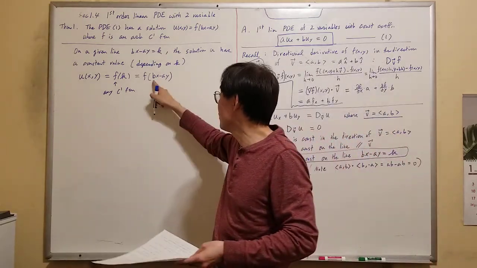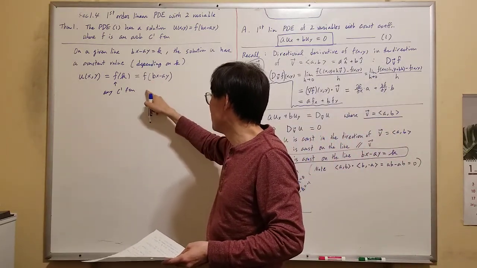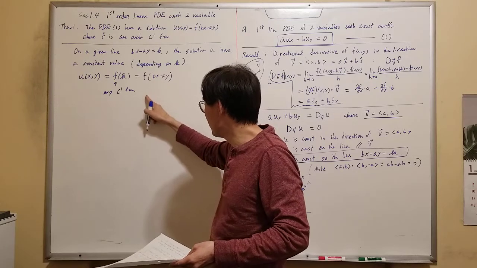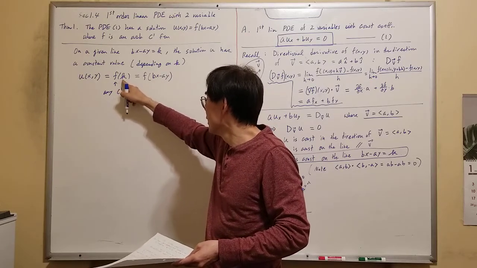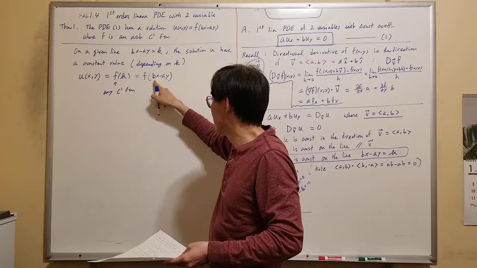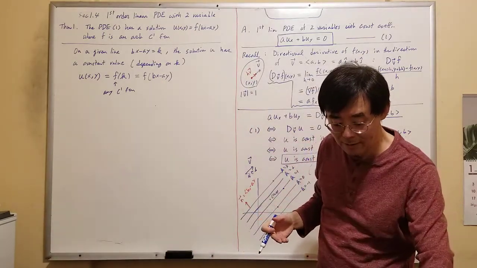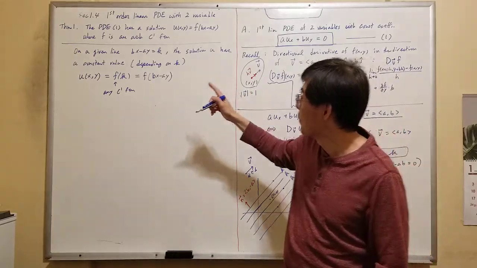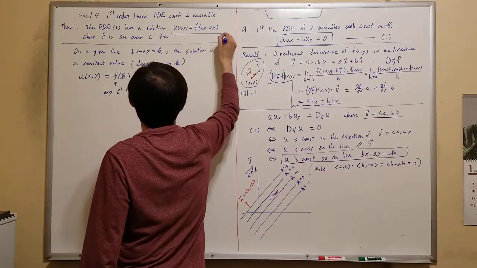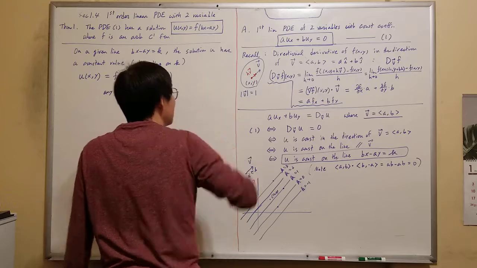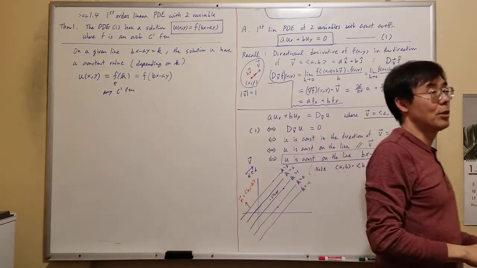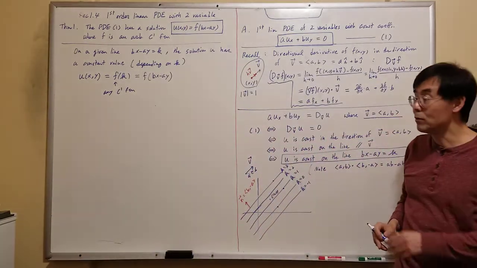It could be sine of bx minus ay, or e to the bx minus ay, some function of one variable. That variable is replaced with bx minus ay. Then it will give you the solution. Okay? So this is the first major theorem for this first order linear PDE with constant coefficients of two variables.